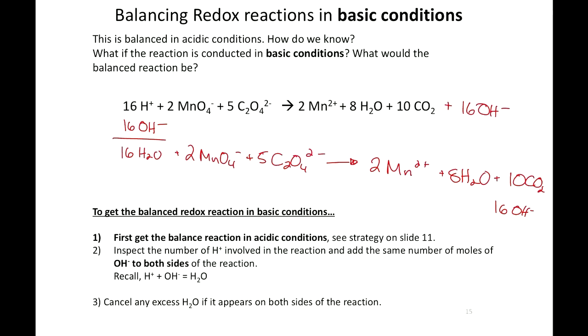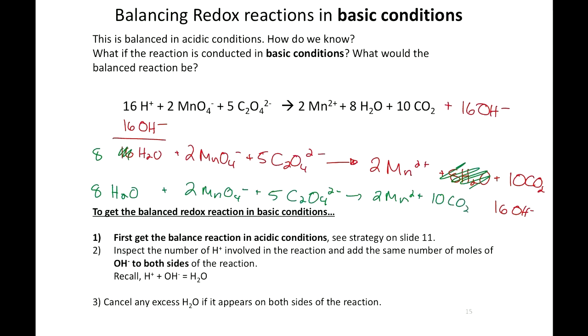And so simply we just cancel out all 8 of these waters, leaving us 8 on this side. And so we see that the balanced chemical reaction now is 8 waters, 2 permanganates, MnO4-, plus 5 oxalates, gives us 2 manganese 2+, 10 CO2s, and 16 hydroxides.